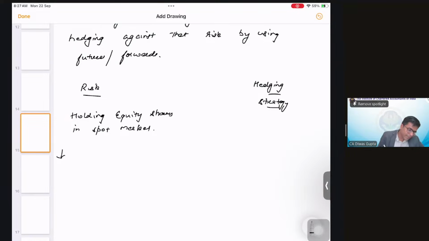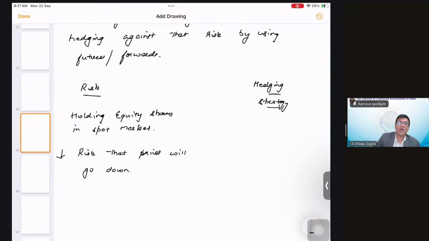So there is a risk that prices will go down. Correct? Because if I'm holding an equity share as an underlying, there is a risk that tomorrow if the price goes down, I will make a loss.